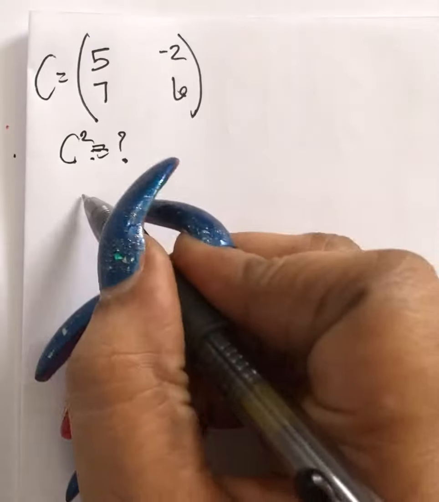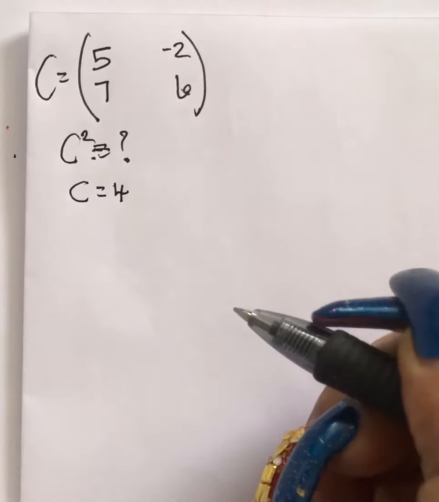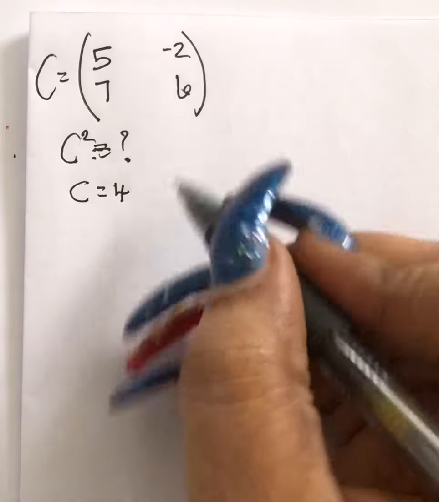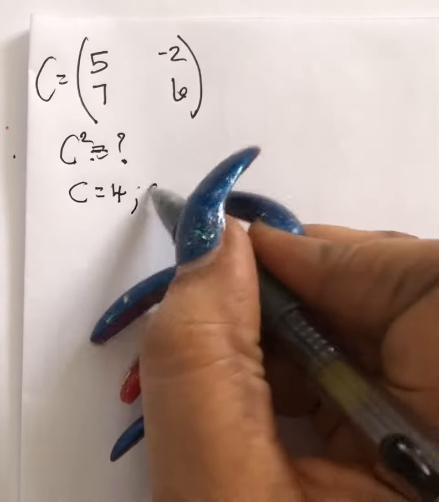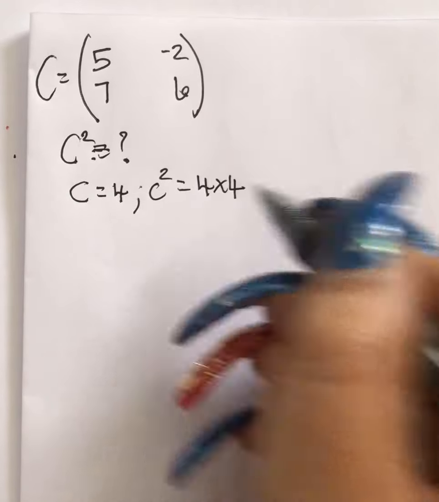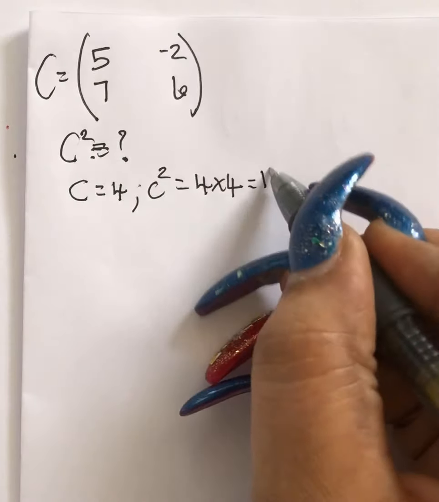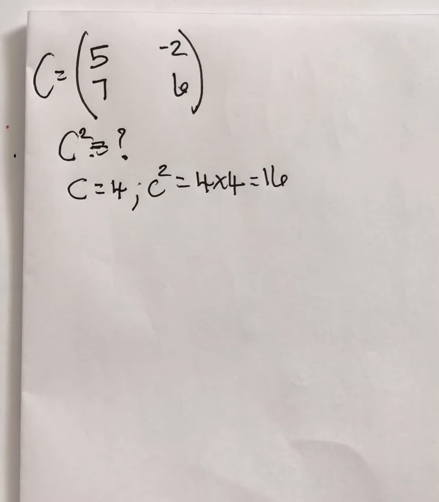Now, had we said that c is equal to 4, persons may want to say, okay, so if c is equal to 4, c squared has to be 4 times 4, or 4 raised to the power of 2, which will give me 16. In matrices, that is not so.